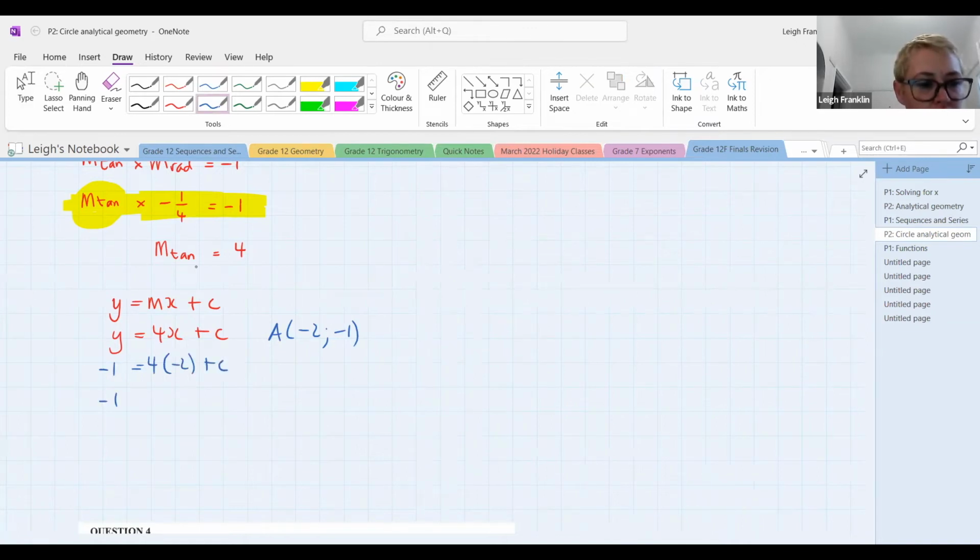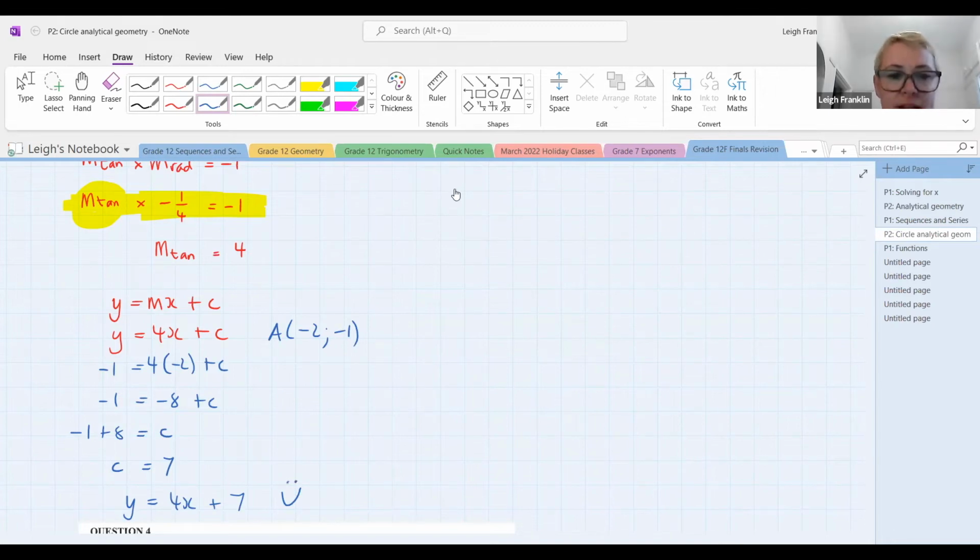So this gives us -1 is equal to -8 plus C. That means C is equal to -1 plus 8, and that's why C is equal to 7, as so many of you said. Those of you who have y equals 4x plus 7, 100% correct. Well done. That's lovely. Good stuff, everybody.